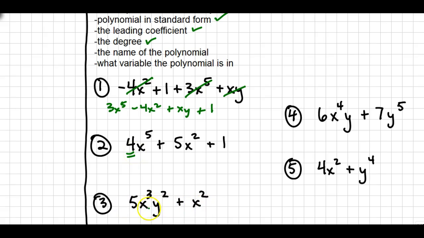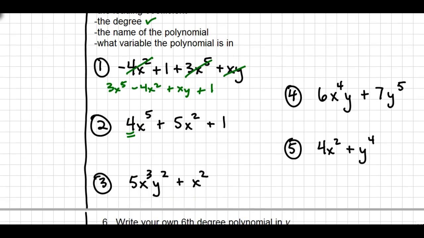On number 3 here, we would also say that this one's in standard form already, because we've got an x cubed, and then the next term has an x squared. So the x's are descending. Because we've got a y here, I don't know that I would necessarily say that it's in x, but it's definitely in standard form. Now let's talk about the degree for a moment.